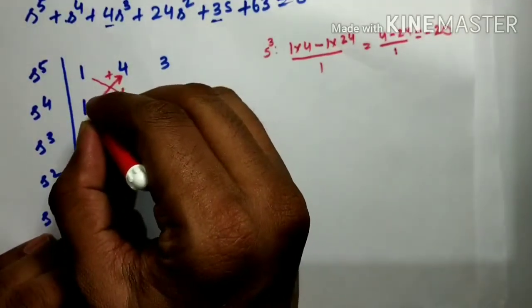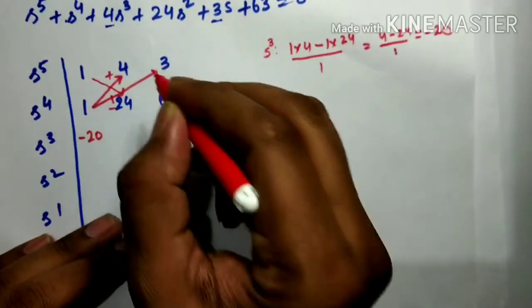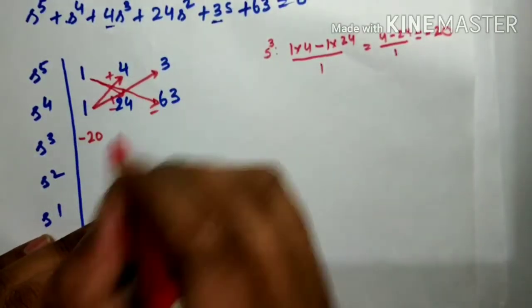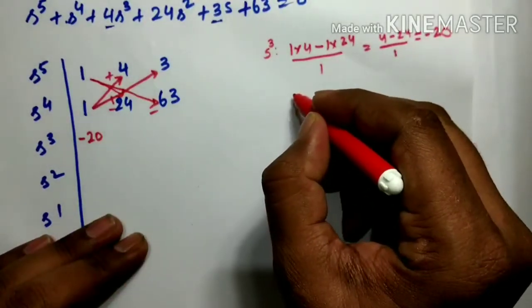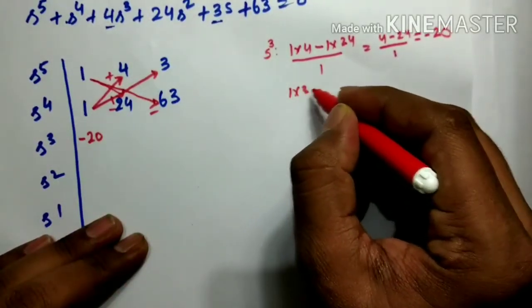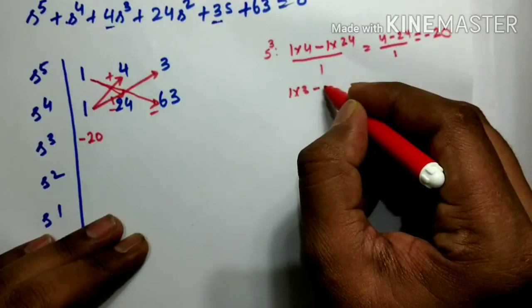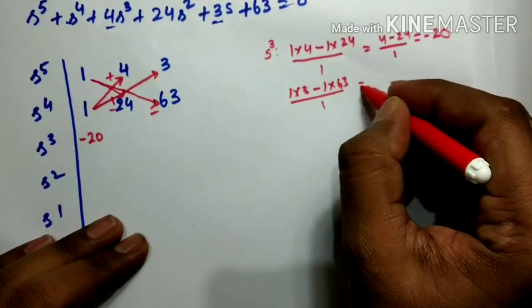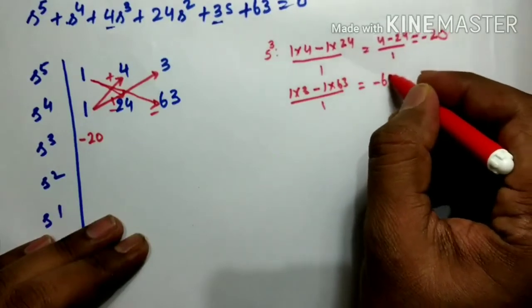Next, 1 into 3 minus 1 into 63 by 1. So you will get minus 63.